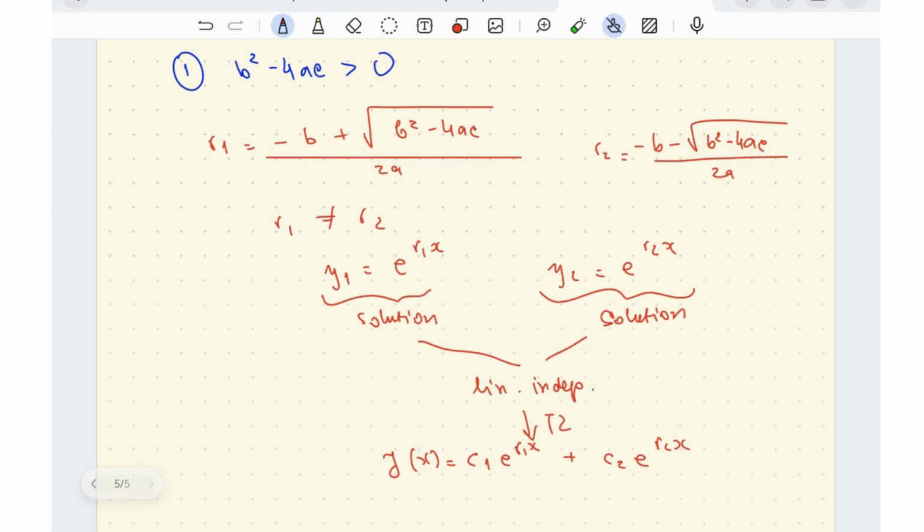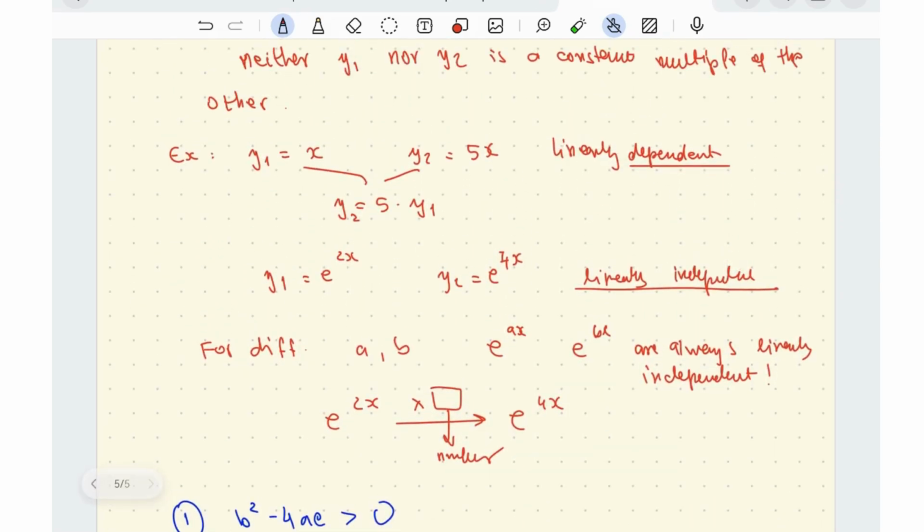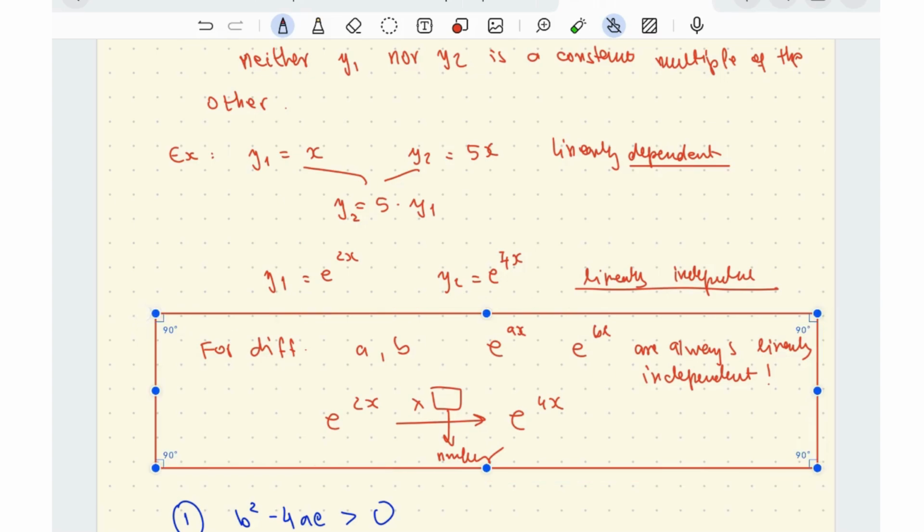So if b squared minus 4ac is strictly greater than 0, we have two different real roots, and for each root we have the corresponding solution. But as we have seen here, this is important. This is the basis for this part.